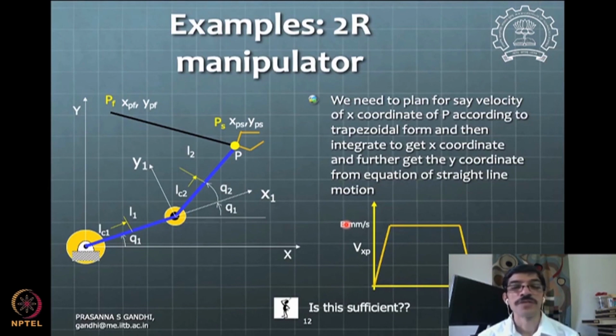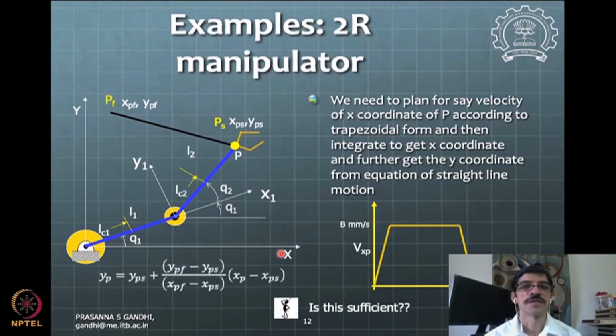Is this again sufficient? No, this is not yet sufficient, because I just know my x desired and y desired values for this point P, but they need to get translated to Q1 and Q2. For that you need to recall your kinematic relationships.